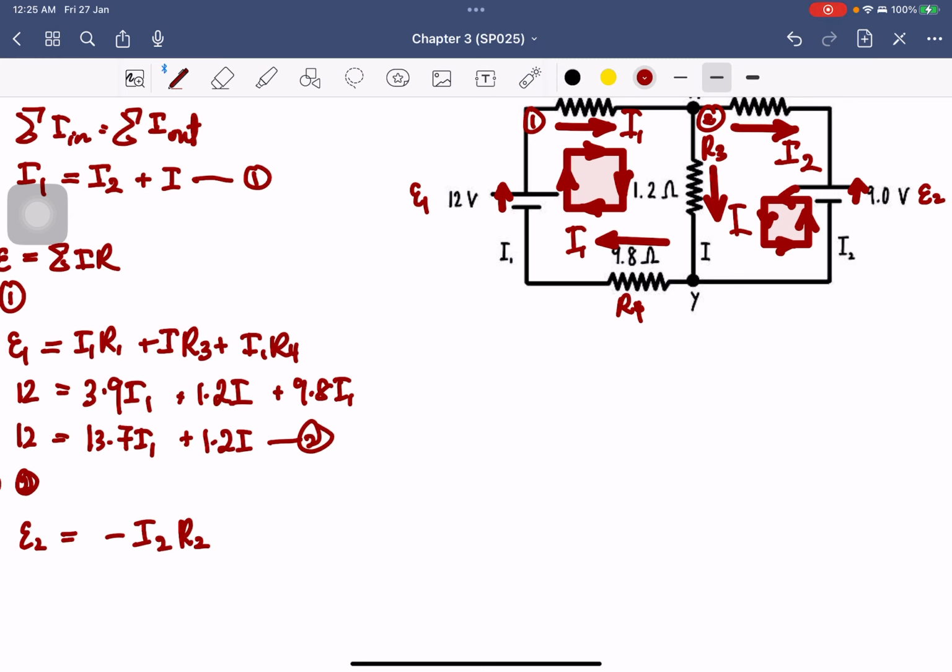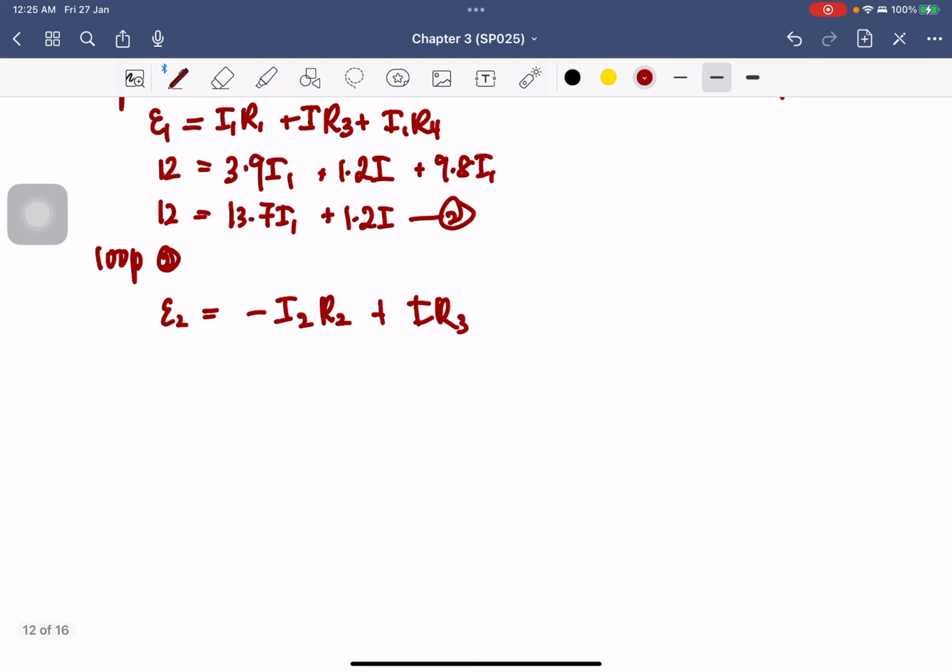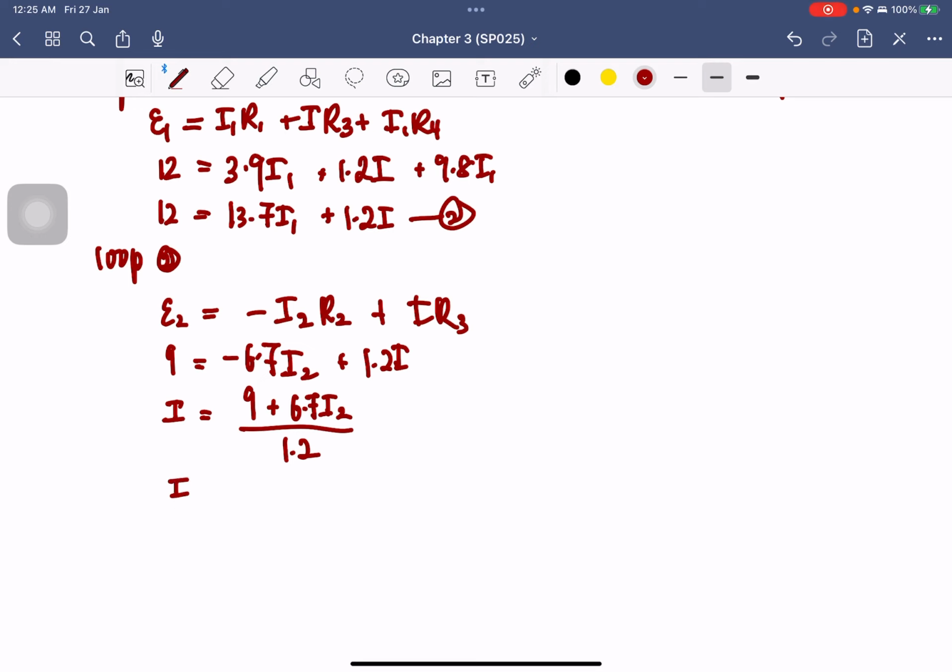And then we have the third resistor here, which is following the direction of the loop, so it's going to be positive I R3. Okay, so substitute the value: I2 plus 1.2 I. So I is equal to 9 plus 6.7 I2 over 1.2. So your equation becomes 7.5 plus 5.58 I2. So this is your third equation.